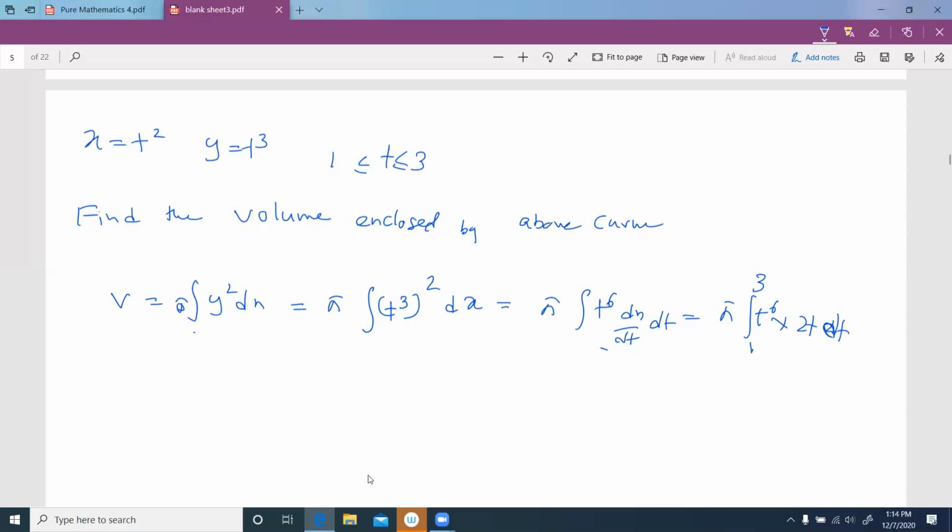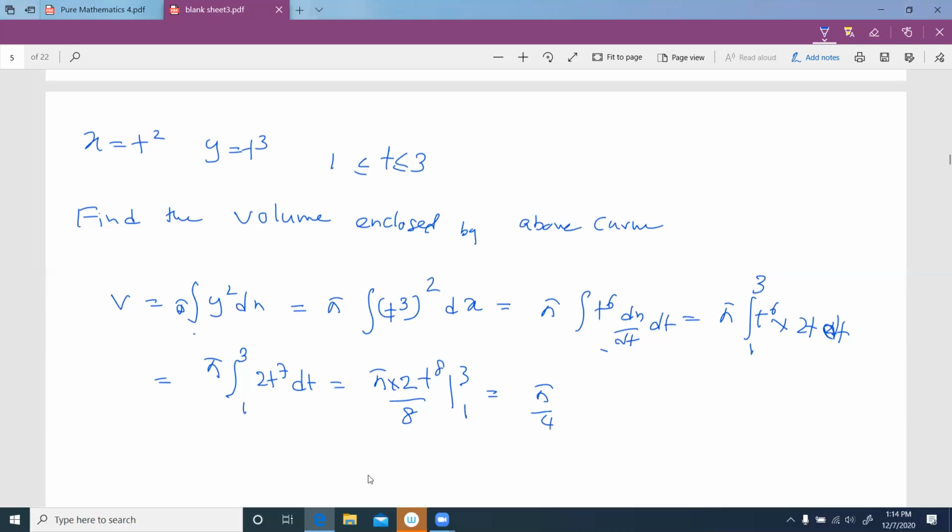So the answer is pi integration from 1 to 3 of 2t to the power 7 dt, that is pi times 2 t to the power 8 over 8 from 1 to 3. So it turns into pi over 4 t to the power 8 from 1 to 3.